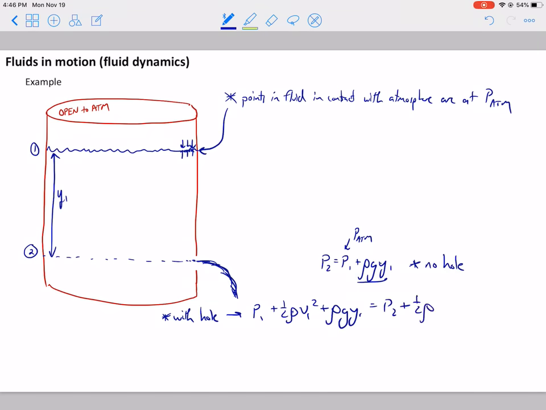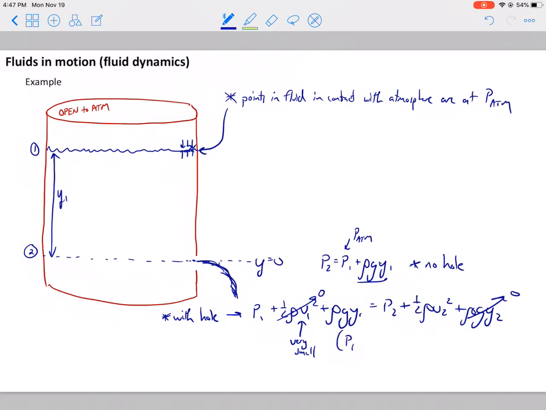So let's set the bottom location as our y equals 0, which means that term is going to be 0. You might imagine that at the top, assuming that the hole is much, much smaller than the diameter of the vat, this velocity is very small. In fact, it's so small, I'm going to just set that equal to 0.